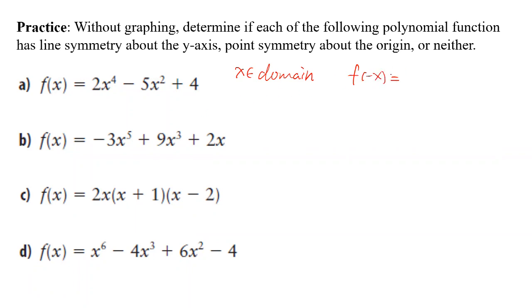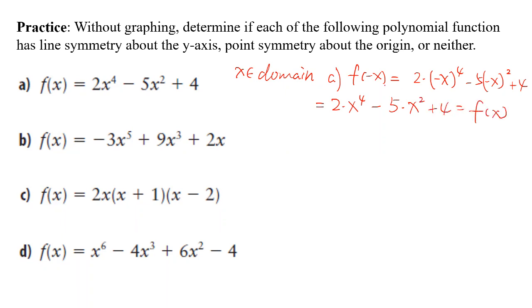For the first one, f(-x) is 2 times (-x) to the fourth minus 5 times (-x) squared plus 4, which is 2x to the power 4 minus 5x squared plus 4, which is actually f(x). So f(-x) equals f(x), so this function is an even function. An even function is symmetric about the y-axis.